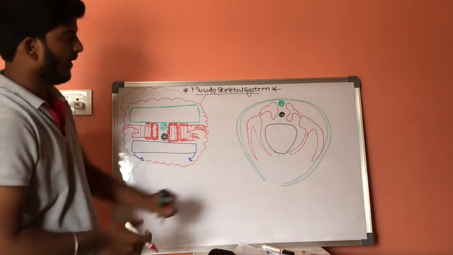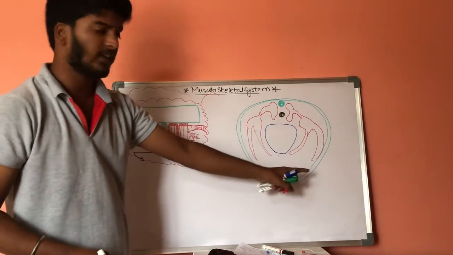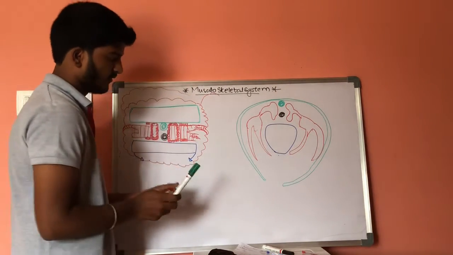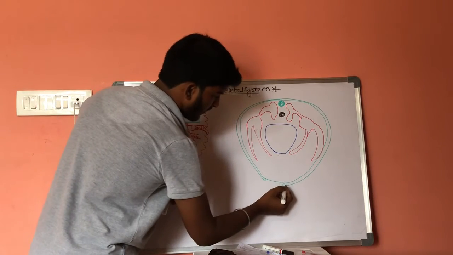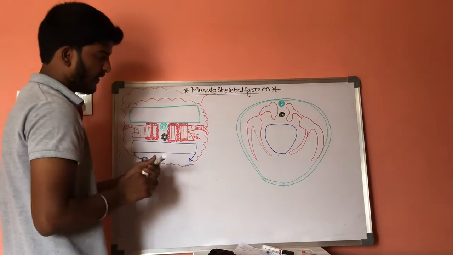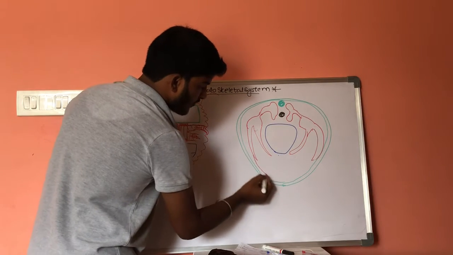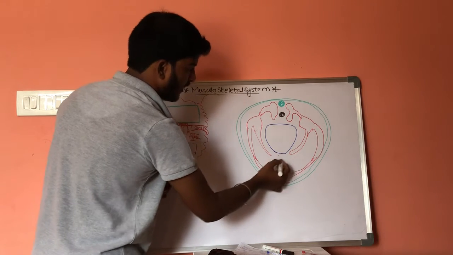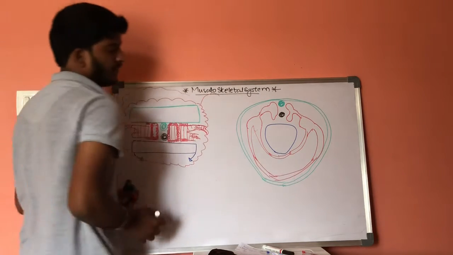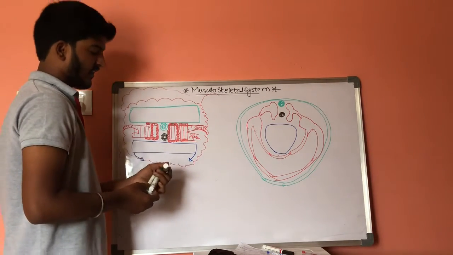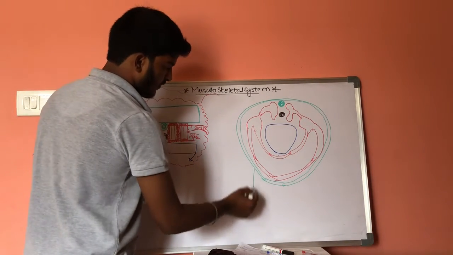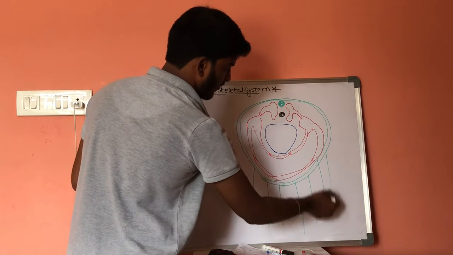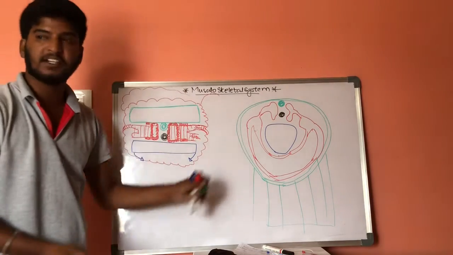Now the somatic mesoderm will fuse with the ectoderm. Here it will be fused together and become circular, and the somatic mesoderm will also fuse to each other. This entire structure will become like a tube-like structure.